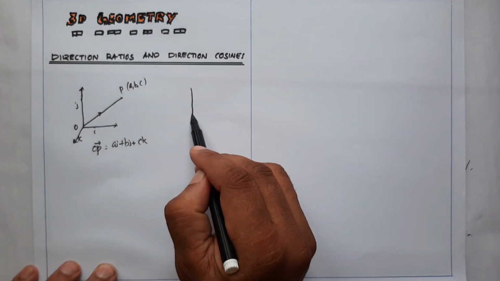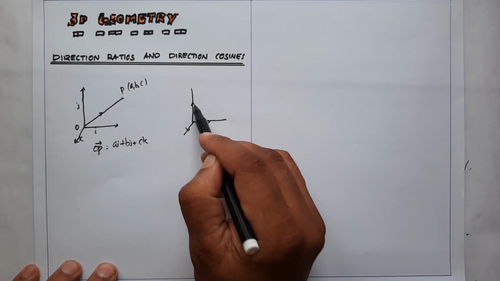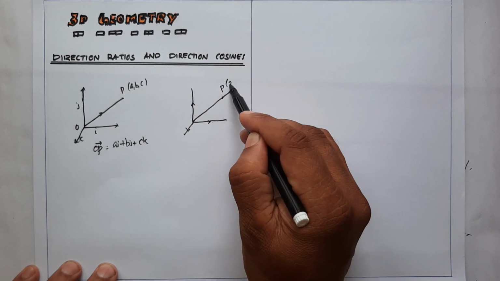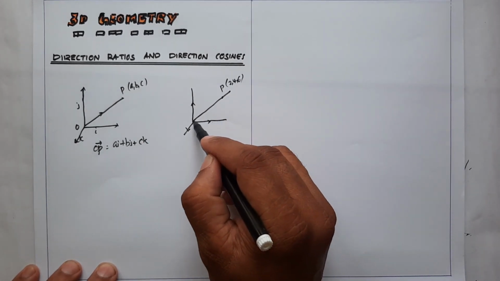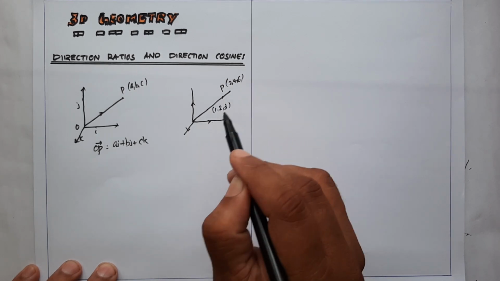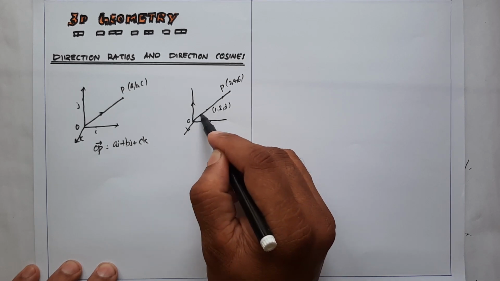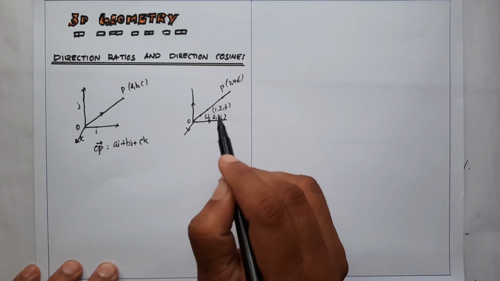Suppose you take P as any point. The coordinate of P is 2, 4, 6. Therefore, the midpoint value is 1, 2 and 3. Again, the midpoint of this point to this point is half of the value, that is 1 by 2, 2 by 2 and 3 by 2.